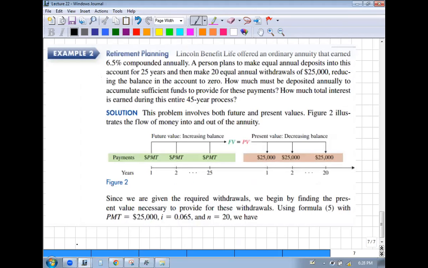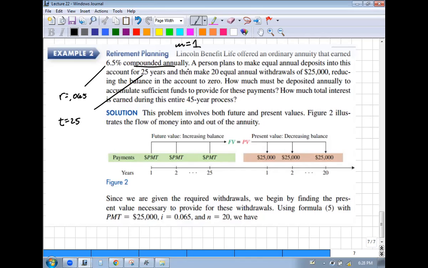Lincoln Benefit Life offered an ordinary annuity that earned this much compounded annually. That means M is 1. A person plans to make equal annual deposits into this account for 25 years. So here we're depositing into the account for 25 years. So that's the future value that we used from the last section, the one that we've been using over and over again, right?